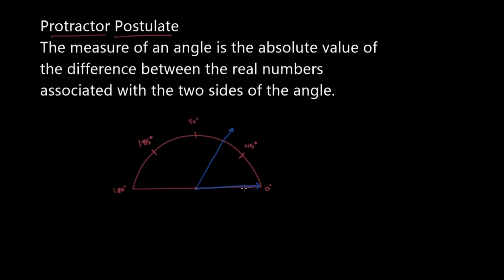In this case, if I have this down here at 0 degrees, and let's say this goes through at 60 degrees here, the difference between these would be 60 minus 0, the absolute value of that, which would be 60. So this is a 60 degree angle. Basically, it's the exact same thing as the ruler postulate that we had for segments, but it's just saying that we can give measures to angles using a protractor. That's all it is.